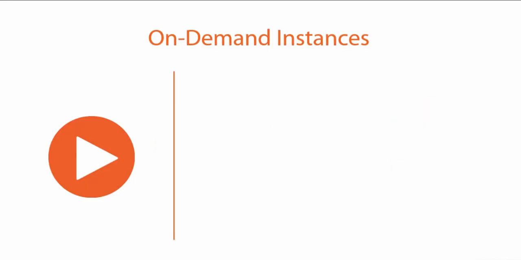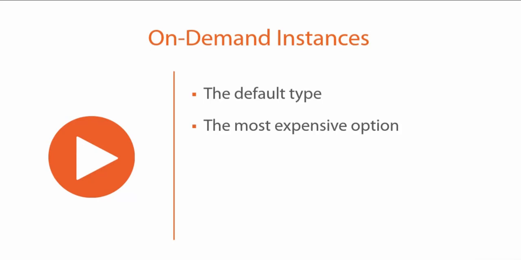So let's start off with on-demand instances. This is the default type. Most people, all people, will start off with on-demand instances. This is essentially an instance that you just start off with. It's the most expensive option when compared to some of the other instance pricing that I'm going to share with you, such as reserved instance.